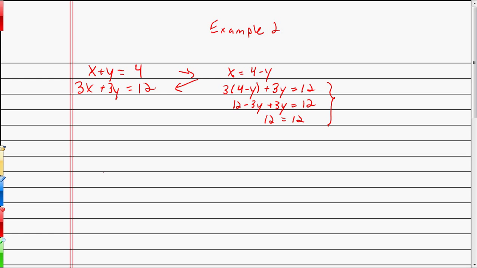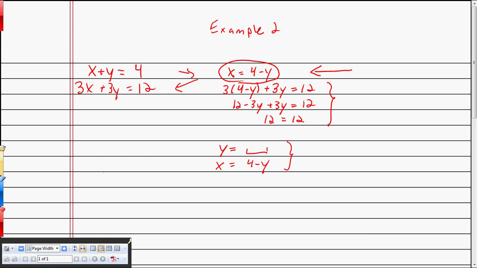You can choose any value for y that you want, but after you pick y, you have to make sure that x equals 4 minus y, because that constraint is still required, right? So y would equal anything you want, and then x would equal 4 minus y. So we have infinitely many solutions. But there is some structure to that infinitely many.